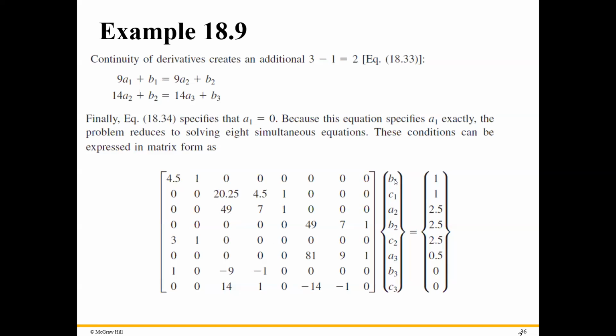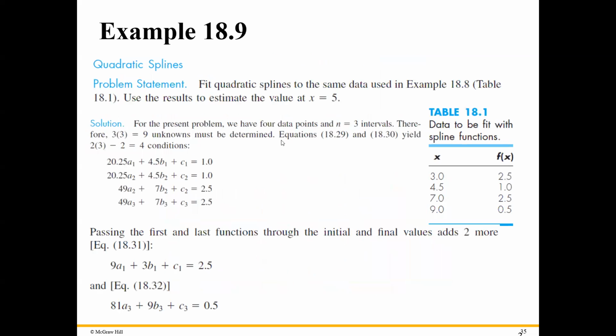And then this 8 by 8 matrix we can write in terms of B1, C1, and then A2, B2, C2, and then A3, B3, C3, because A1 was 0, so we have eliminated it from here. So for example, for the first row, because now A1 is equal to 0, A1 will go out from this equation.